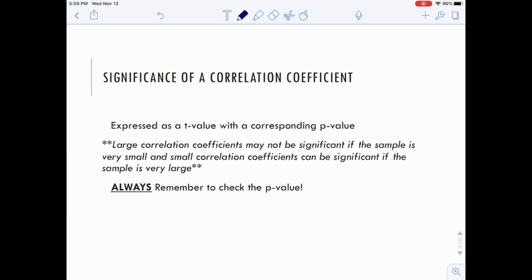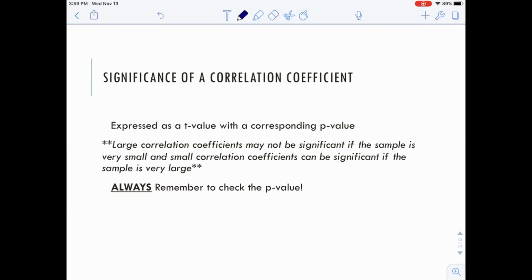Unless our sample size is big enough, even a strong correlation isn't necessarily going to be significant. Same idea: small correlation coefficients could be mistaken for being significant if our sample size is really, really large. So we need a fine balance for our sample size, but that's just something to keep in mind.